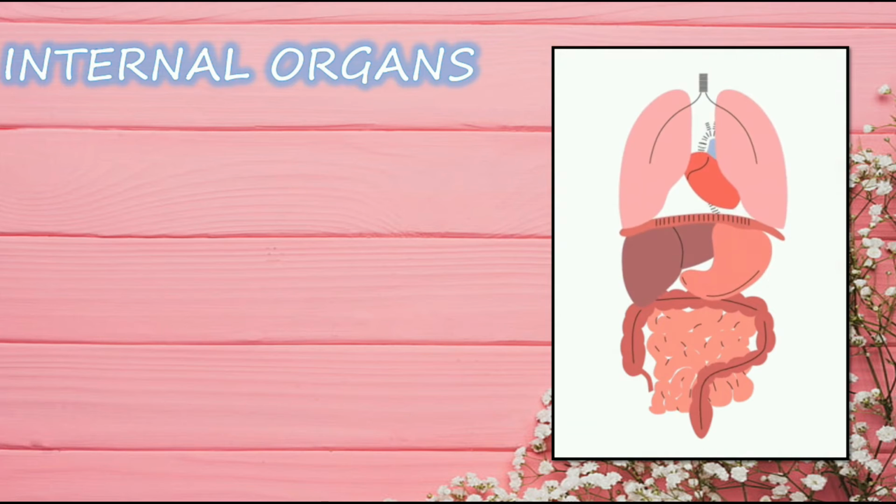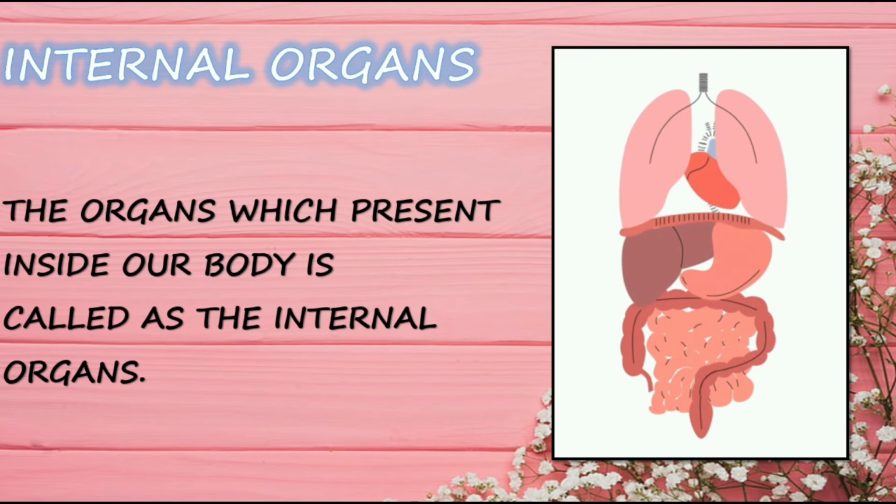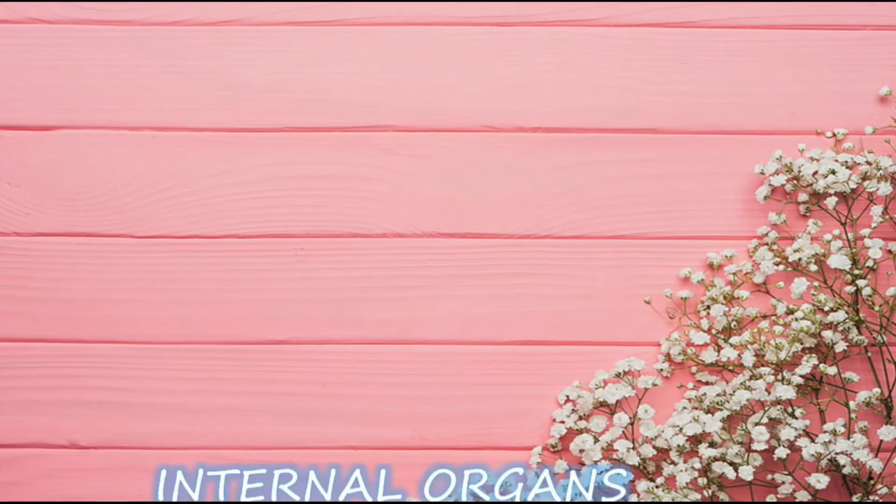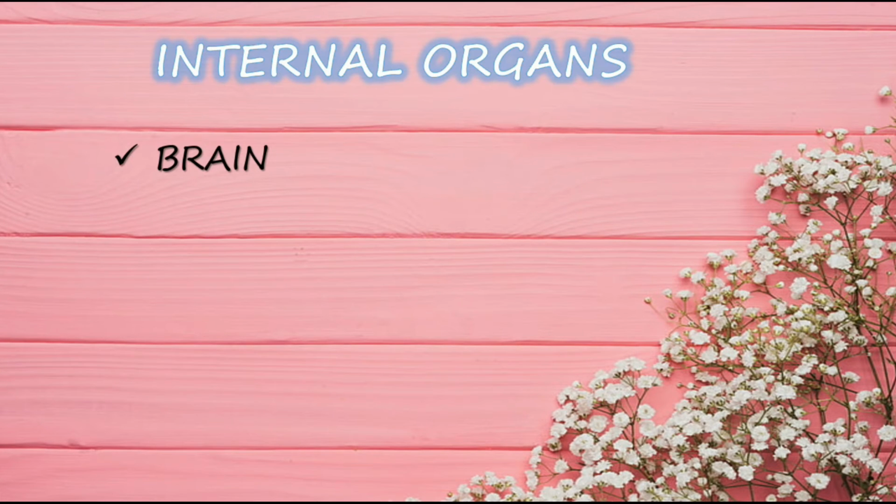See this picture clearly, children. These are the organs that function inside our body, which are invisible to our eyes, and these are known as internal organs. Internal organs include the brain, which is used to control thought, memory, emotion, touch, breathing, feeling, etc. Every process that regulates our body.